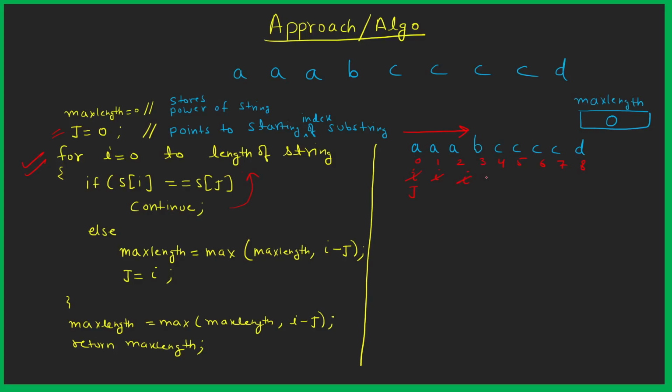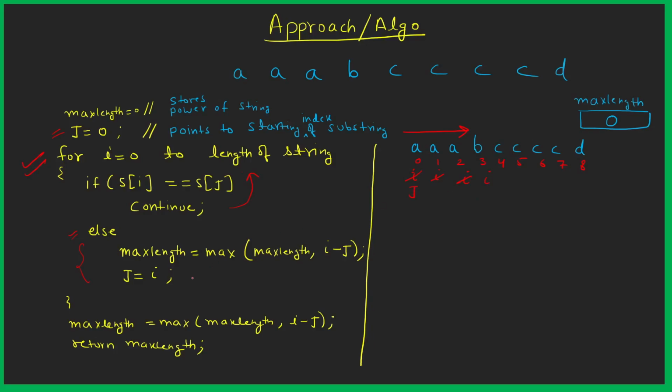Now we will move to I equal to 3. Here s of I and s of j, that means s of 0 and s of 3, are not equal. So here we will come to the else part and we will update our maximum length. This maximum length is actually the power of the string that we have to return. Initially it is 0.